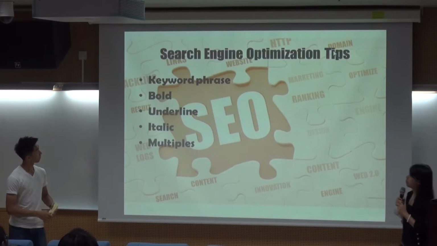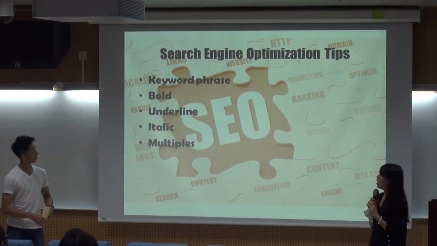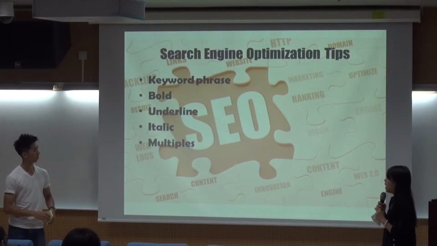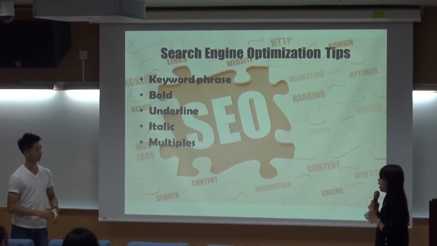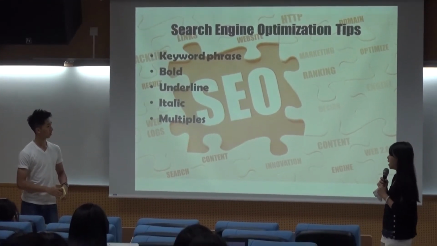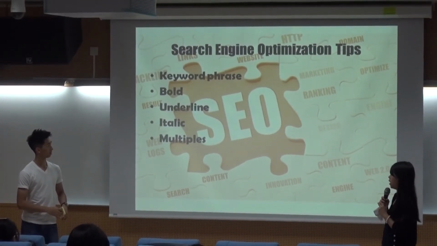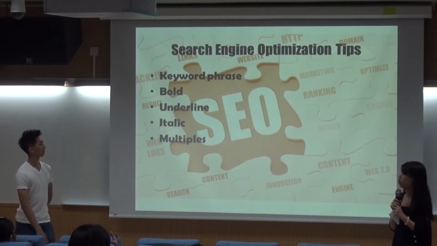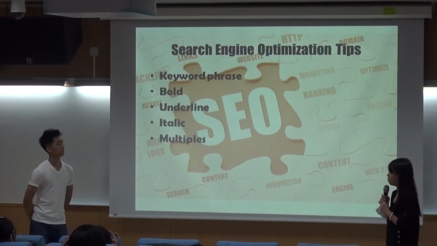And there are some tips for you to make search engine optimization tips. You should type your keyword phrases as your topic, and you should bold your keywords and underline the main phrases you think are important. And maybe you can italicize the important words. And you can make multiple choices, and it makes it easier for the search engine spider to organize your bookmarking.